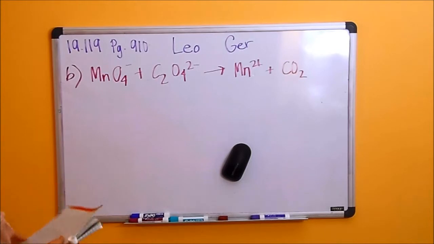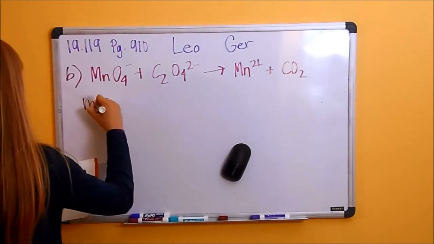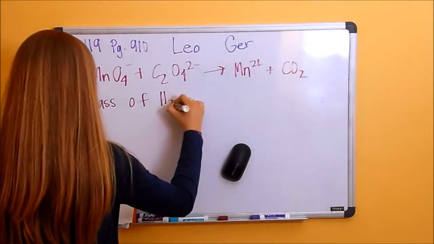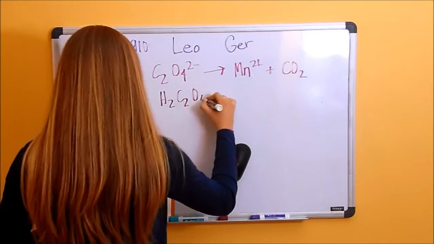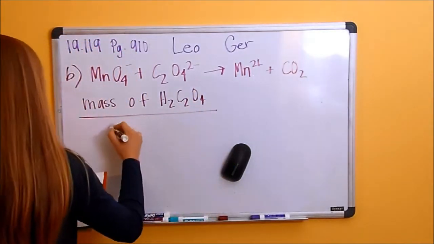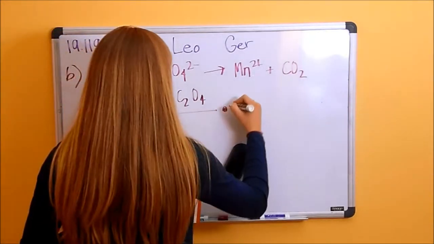So going back to percent by mass, the way we would solve this is we're looking for the mass of H2C2O4 divided by the total mass, which would be 1.00 grams, times 100, and that gives us the percent.